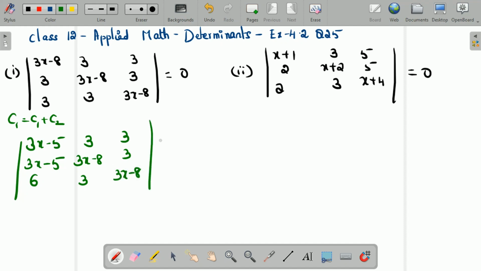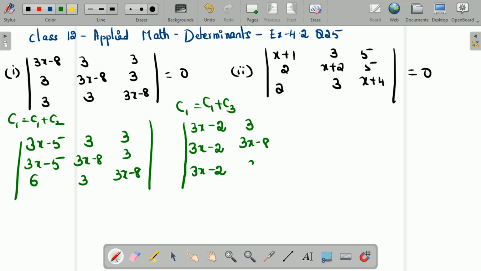Now for the next transformation, we are going to say C1 is going to be equal to C1 plus C3. So now let's do this transformation. So this is going to be 3x minus 2, 3x minus 2 and another 3x minus 2. So this will be 3, 3x minus 8, another 3.